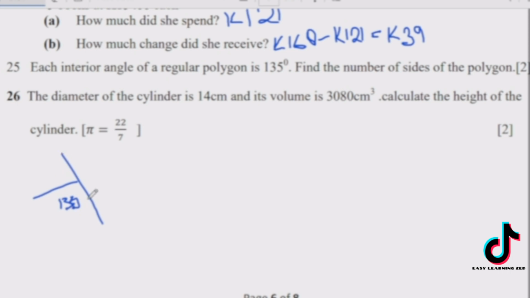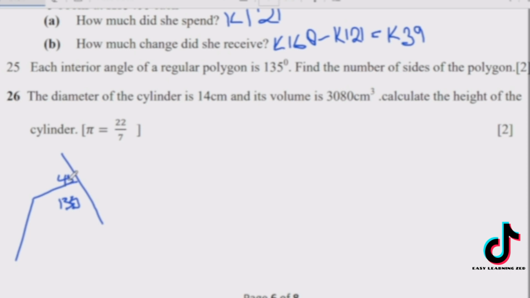Since this angle and this angle add up to 180 degrees, the difference of 180 degrees and 135 degrees is the amount of this angle. Now this is the exterior angle, so this will be 45 degrees.